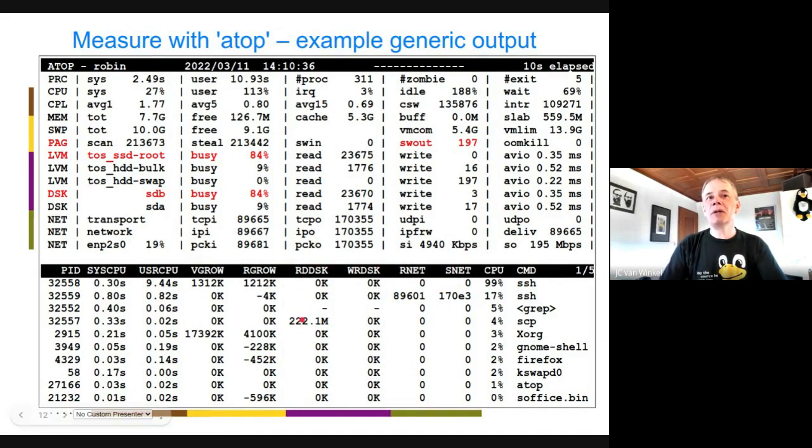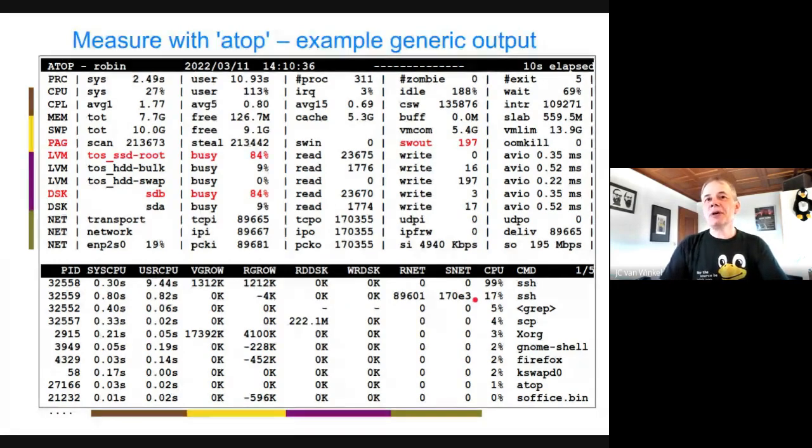So for example, the program SCP has in the past 10 seconds read 20 megabytes from disk. And we see how much bandwidth was being used for networking. In this case, we see that SSH has read 89 kilobytes and written or sent 170 kilobytes in the past 10 seconds.